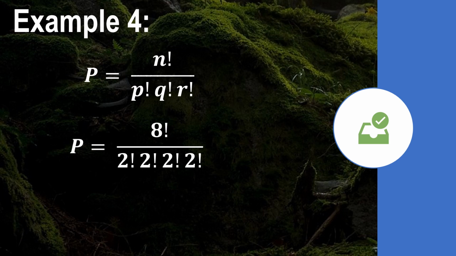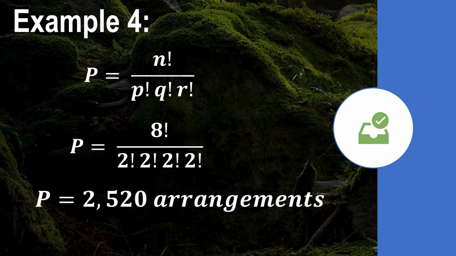So, we have 8 factorial divided by 2 factorial times 2 factorial times 2 factorial times 2 factorial. Kapag ilalagay natin sa calculator again, 8 factorial divided by 2 factorial, divided by 2 factorial, divided by 2 factorial, divided by 2 factorial, we have 2,520 arrangements.